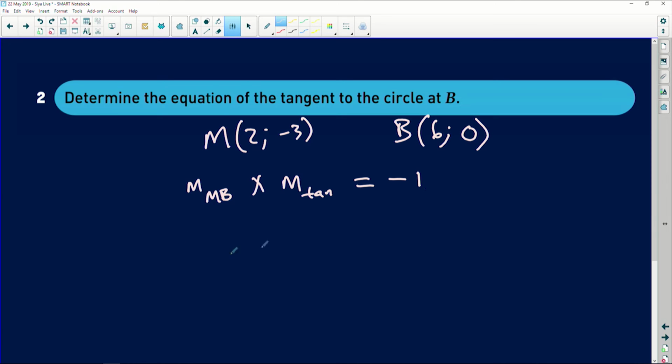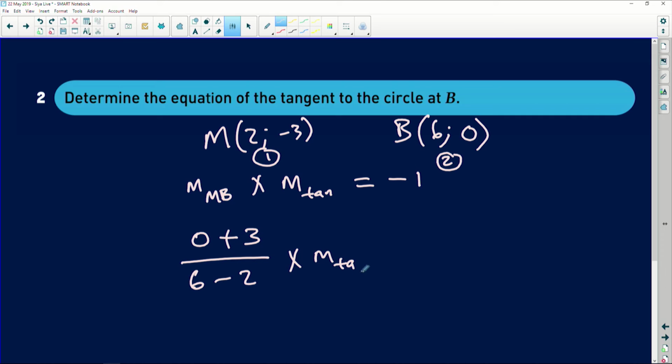Why? Because they are perpendicular to each other. Therefore the gradient of MB will be, remember these are my x2 and y2, those are my x1 and y1, so it will be (0 + 3) divided by (6 − 2), multiplied by m of the tangent, which is equal to negative 1.